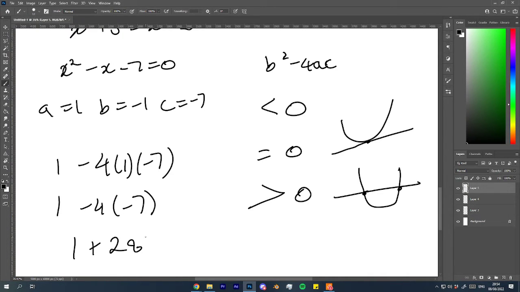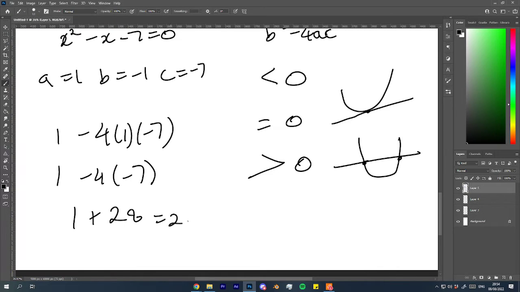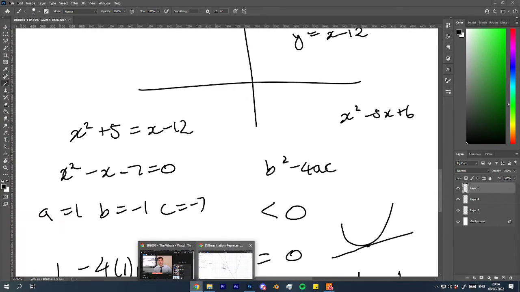Oh, apparently it does have 2 points. We did 29. Okay, 29 is bigger than 0. And let's check whether it does have any intersection points.